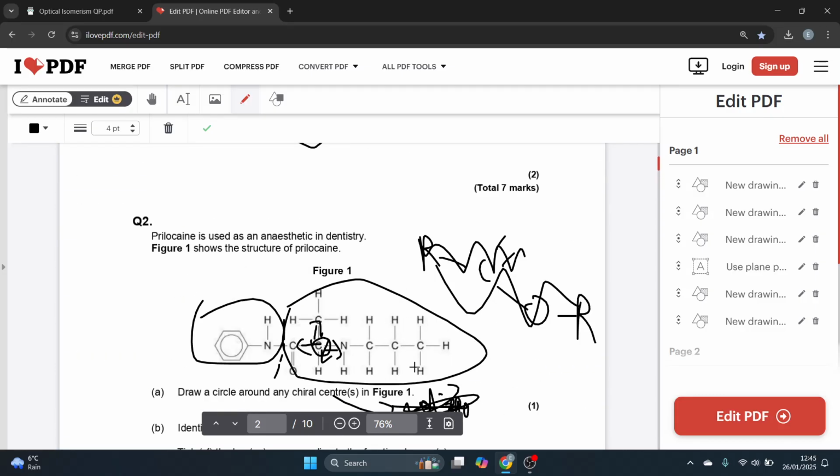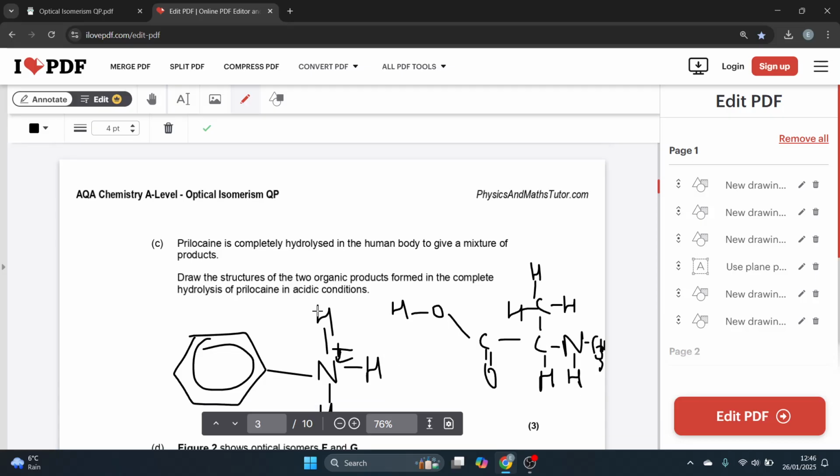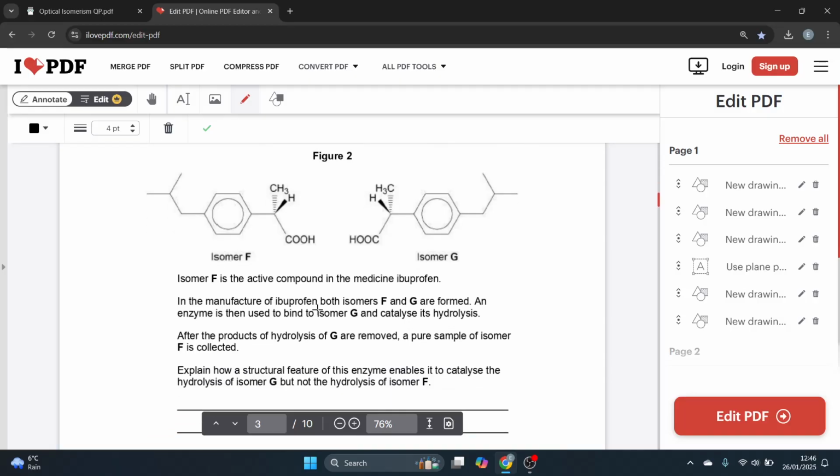So CH, CH, CH3, so C3, 1, 2, 3, 4, 5, 6, 7, C3H7. Obviously, you should draw it out individually. In this example, I don't really have that much space. So you draw out CH2, CH2, CH3, but in this case, I just did C3H7.